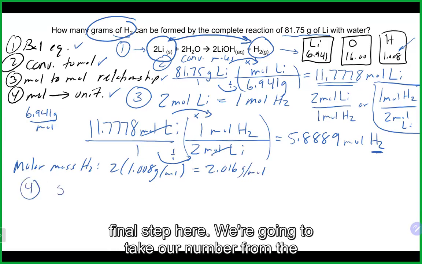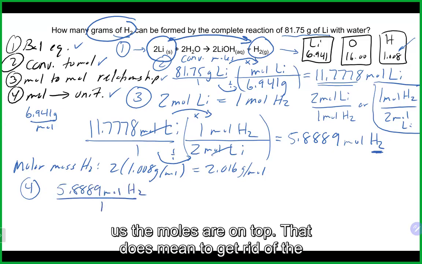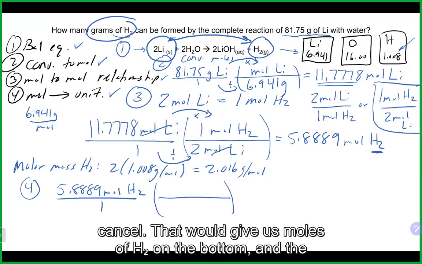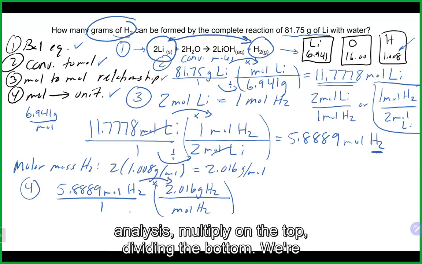We're going to take our number from the previous step. Once again, it is basically over 1, which tells us the moles are on top. That does mean to get rid of the moles, we need to put the moles on the bottom so they cancel. That would give us moles of H2 on the bottom, and the grams would go up on top. Once again, dimensional analysis, multiplying the top, dividing the bottom.